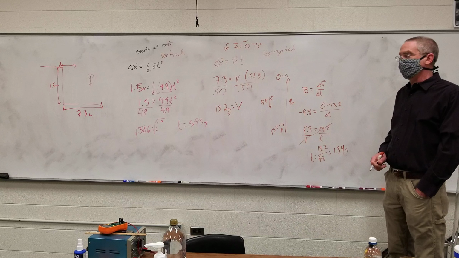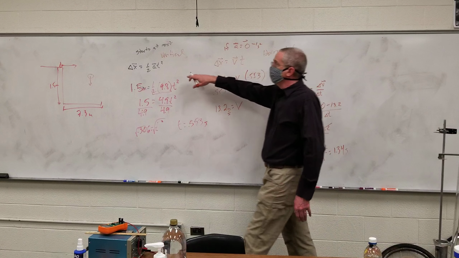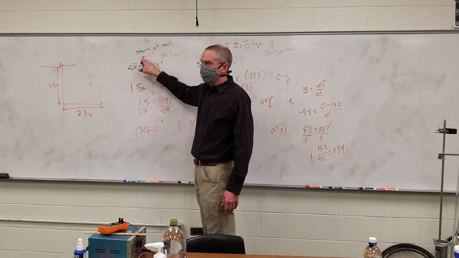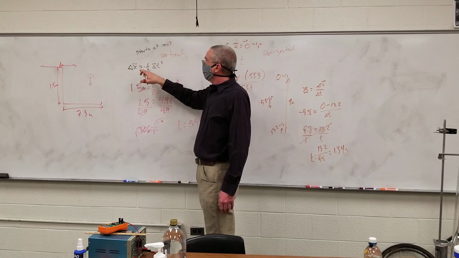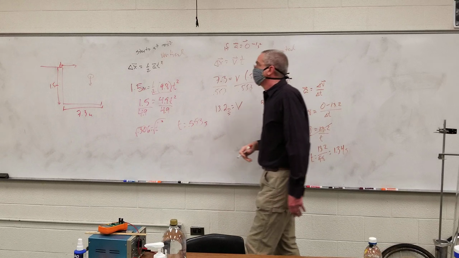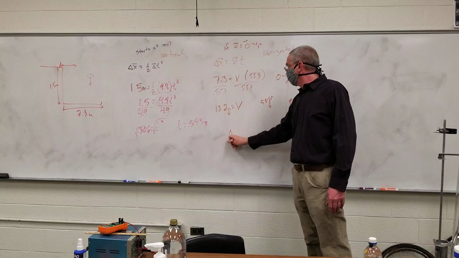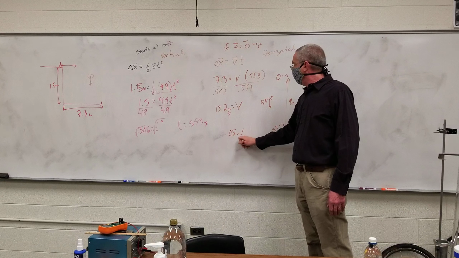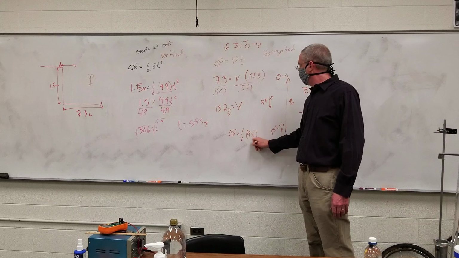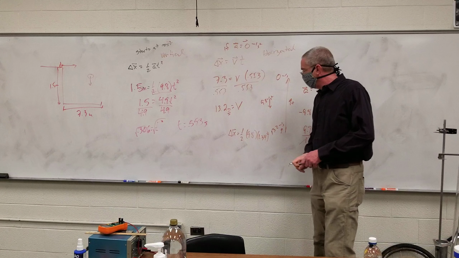And now we need to know how far up it goes. Now this equation over here, this is starting at rest, but it also works if you're ending at rest as well. And so using that equation, 1/2 times 9.8 times 1.34 squared.